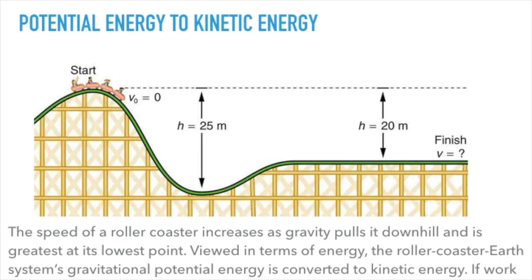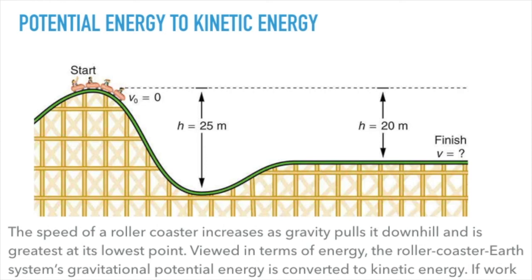For most people, you want to define your system as broadly as possible, so if you can use potential energy, do it. In this case, all we have is gravity, so I'm going to define my system as the roller coaster and Earth system. That means I'm going to have kinetic energy and gravitational potential energy as options. So that's the first step, define the system.